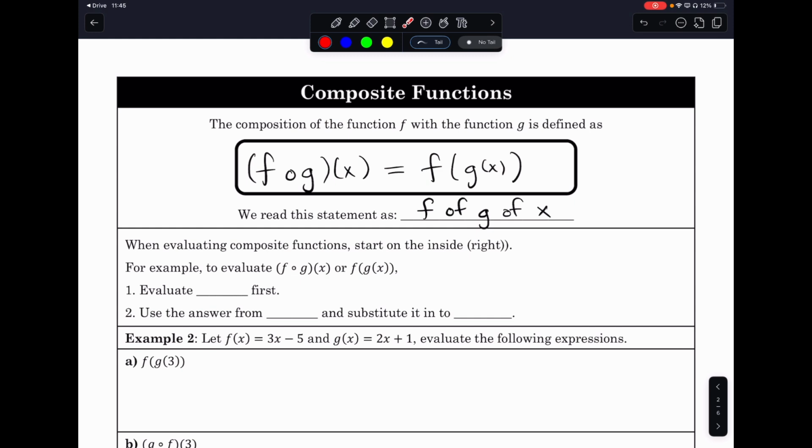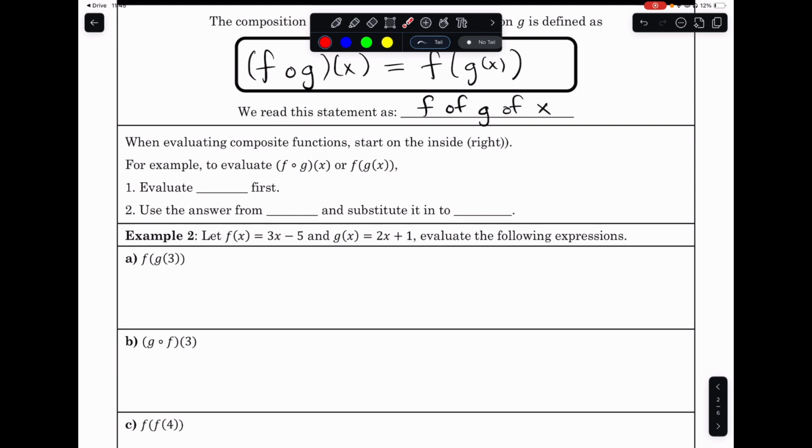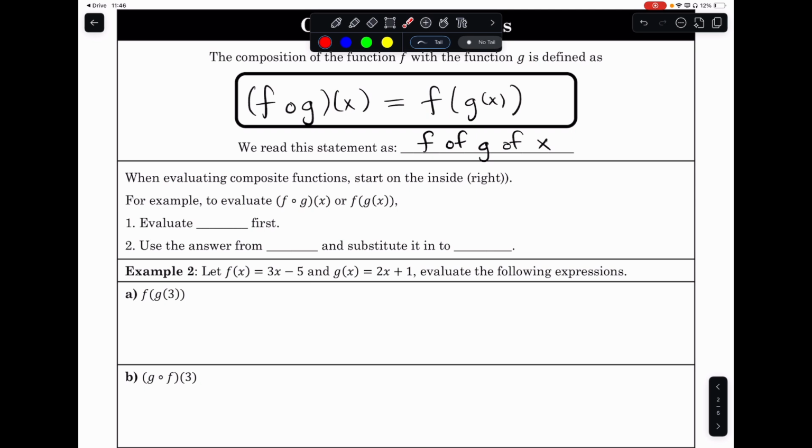Now, what we're going to focus on today is learning how to evaluate these functions at specific numerical values, okay? So the steps in evaluating a composition function start from the inside. We start with evaluating and seeing what number this is going to be right here, and we evaluate the inside part first.